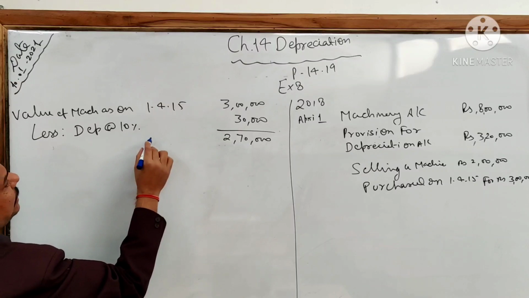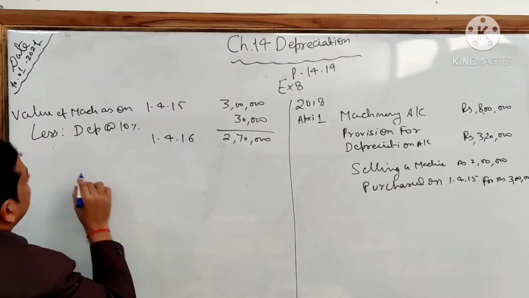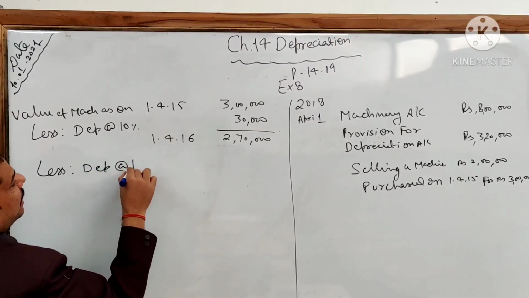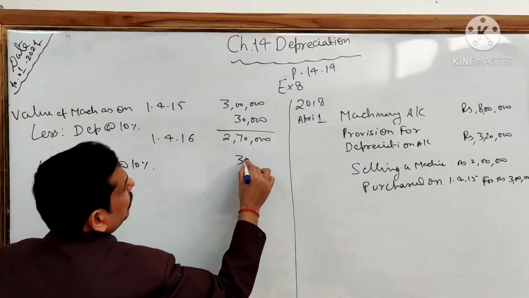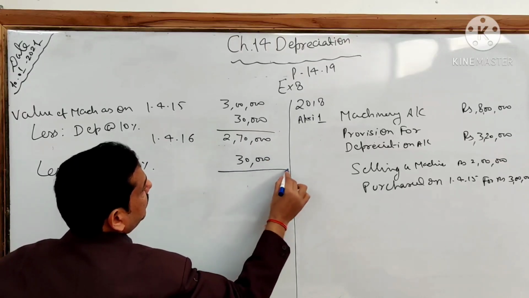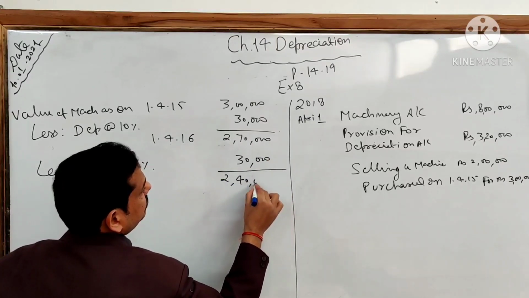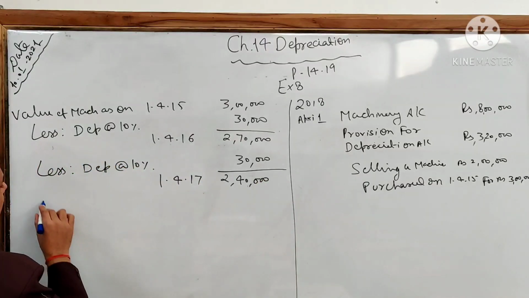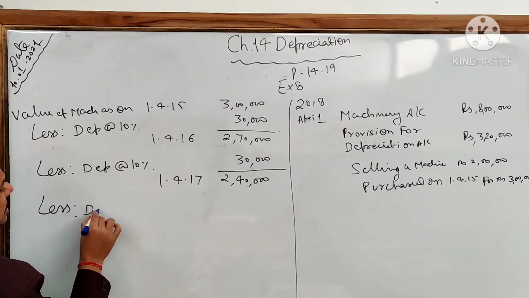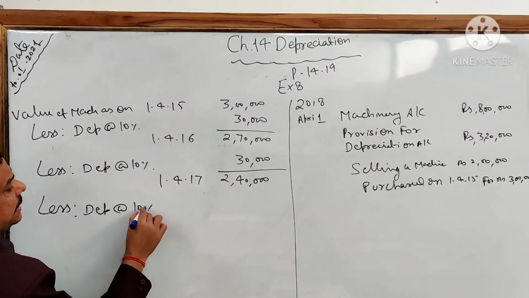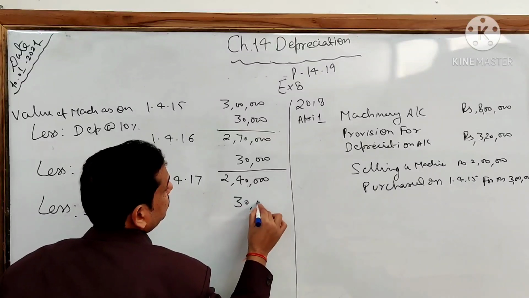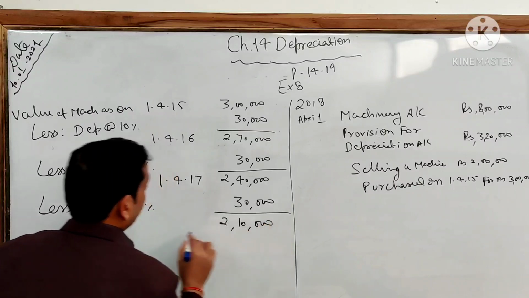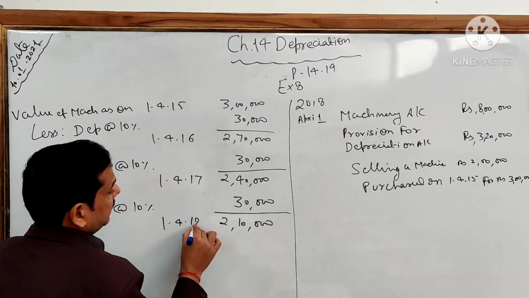Now value as on 1/4/16. Again less depreciation at the rate of 10%. This is the straight line method, so the amount of depreciation will remain the same every year. 2,40,000, value of machine as on 1/4/17. Now depreciation for this year at 10%, again 30,000. 2,10,000, value of machine as on 1/4/18.